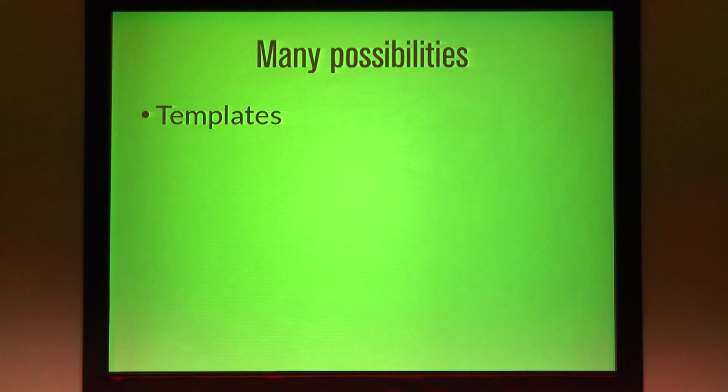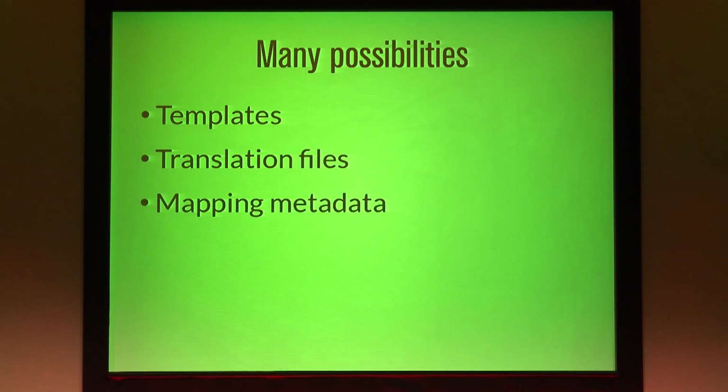Like I already mentioned templates, but you can also think of translation files, which may be meaningful to other applications out there too. The XLIFF standard is not really Symfony specific, so it might make sense to expose your translation files in other applications that don't use Symfony. Maybe even mapping metadata. We provided an absolute path to that, and we might be able to provide a relative path to that.